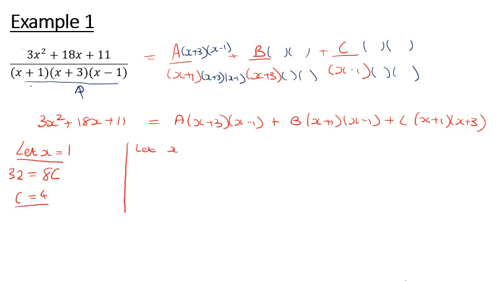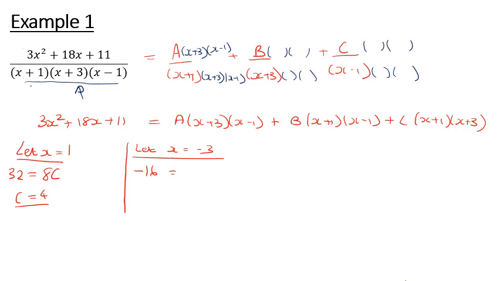Next, I'm going to let x equal minus 3. This is another good choice for x because it makes some of our brackets into zeros. So on the left-hand side, we would have 3 times minus 3 squared, add 18 times minus 3, plus 11, which is minus 16.